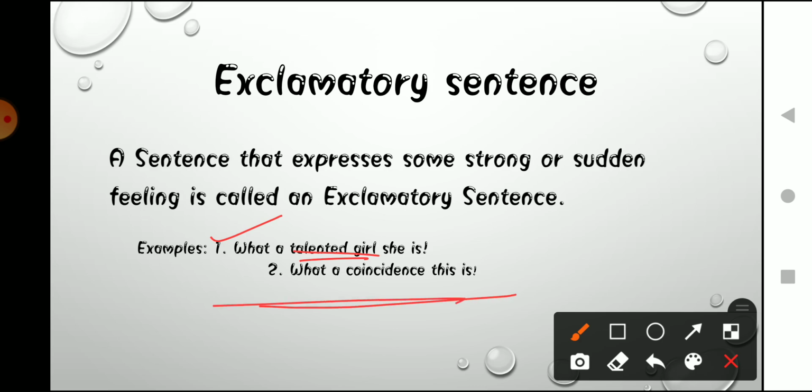This is a sudden type of feeling, right? And as I've told you, these types of sentences will contain an exclamation mark, which is this mark, as we all know.